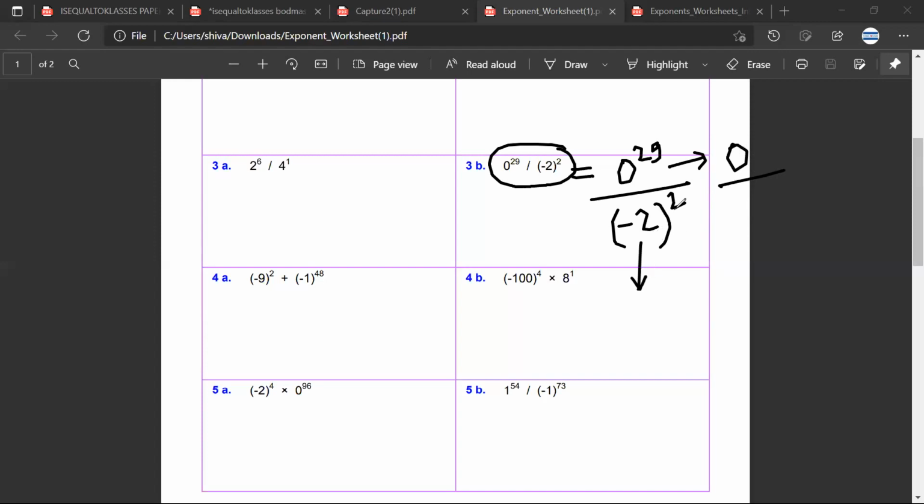Hey Dada, this is -2 square. -2 into -2. So this would be 4. Any doubt? No, sir. And this would be equal to? 0. Sarthak, any doubt? No, sir.